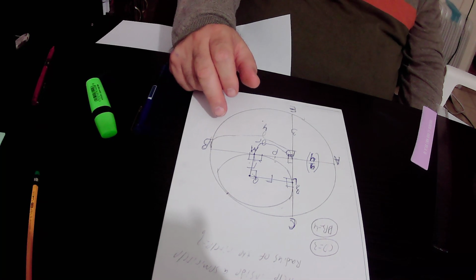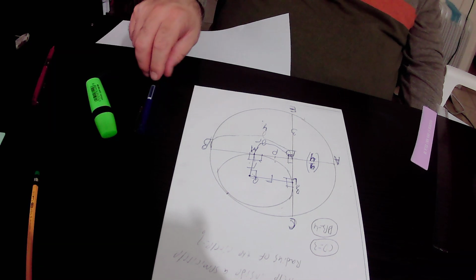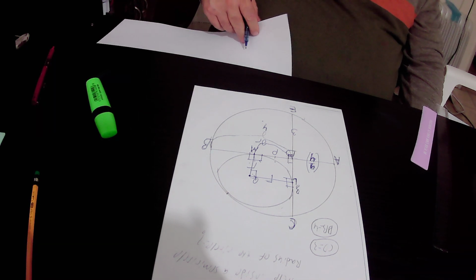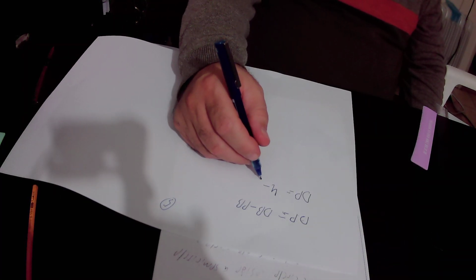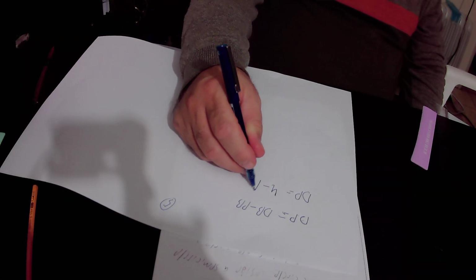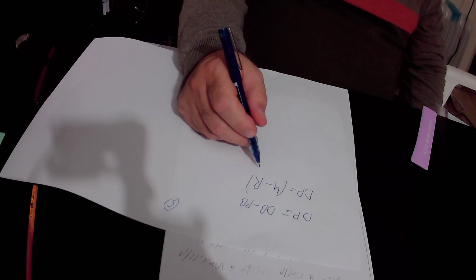That is to say, PB is the radius of the big circle, which is equal to capital R. So in conclusion, DP equals 4 minus capital R.